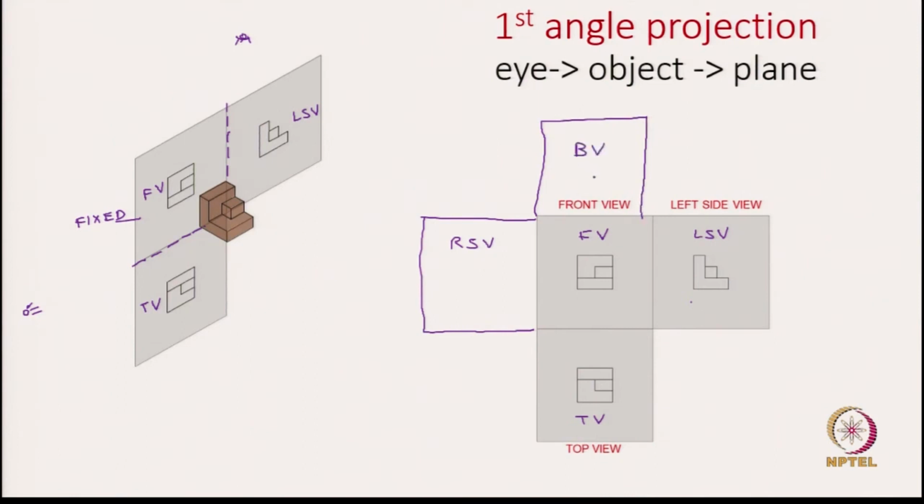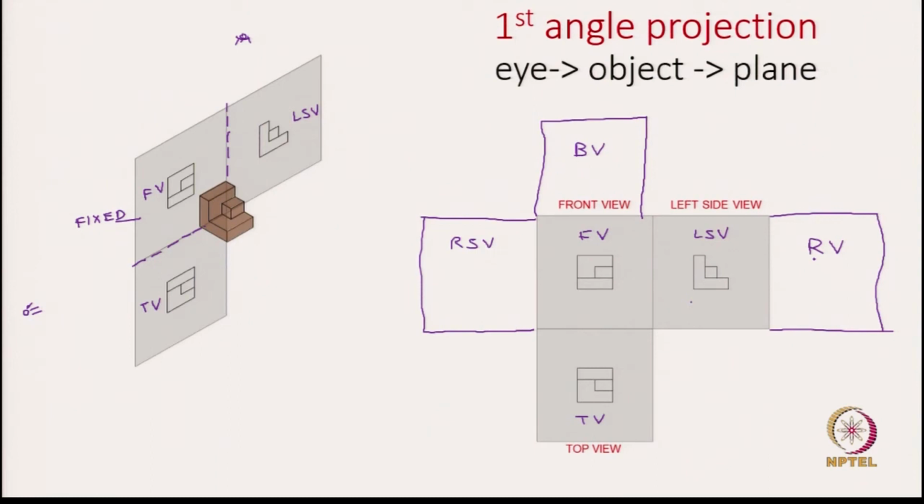And lastly, the rear view, we said we always place it next to the left side view. So, we can place it here. This completes all the six basic views, all done in the first angle projection.